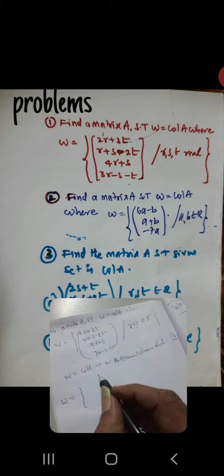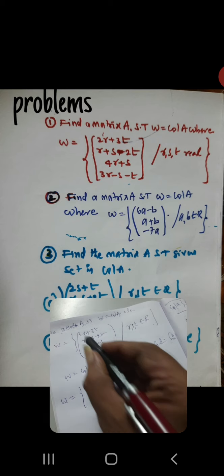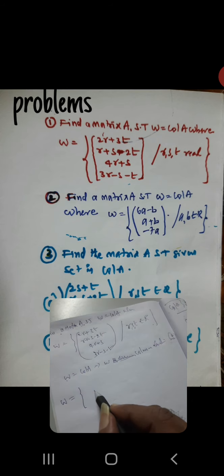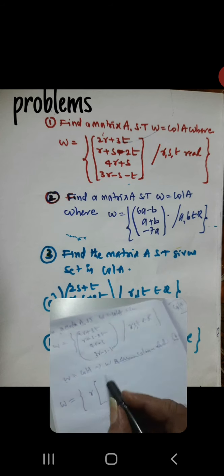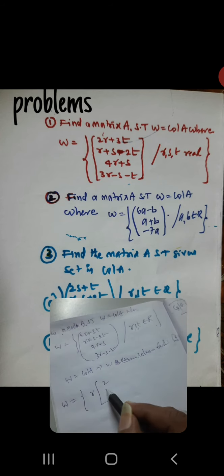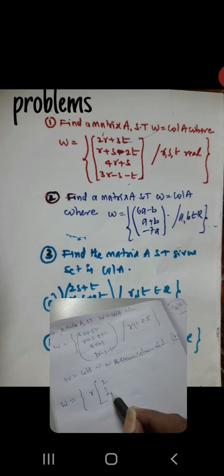Here you write R as common, R, S, T. Okay, R is common. Here R is 2, here R is 1, here R is 4, here R is 3. This is clear.